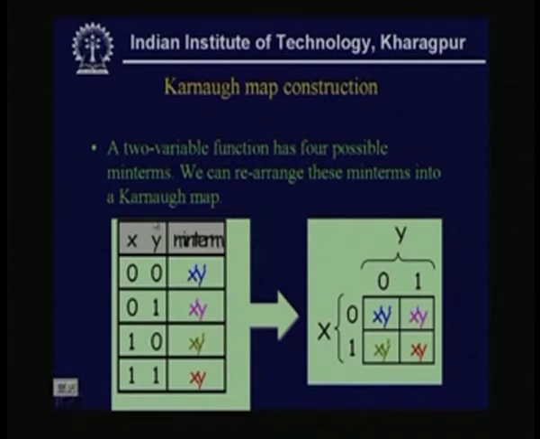These are all possible combinations, or we can say this is a rearranging of the truth table: 0 0, 0 1, 1 0, 1 1. If the function is such, that minterm will be 1 for these inputs.